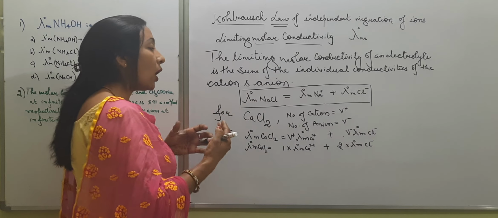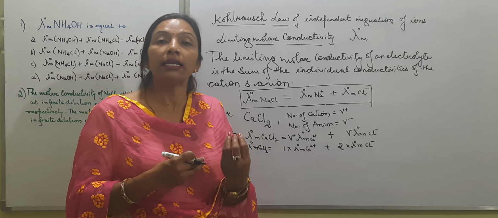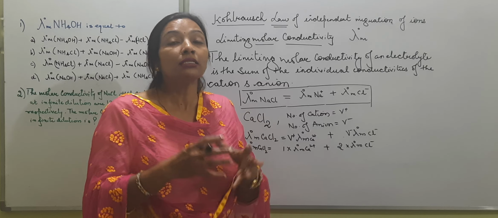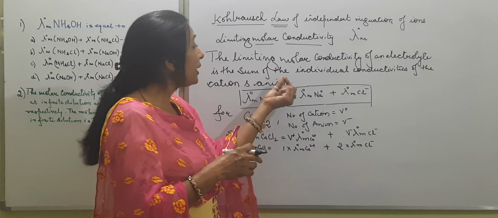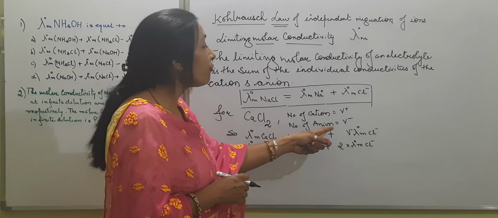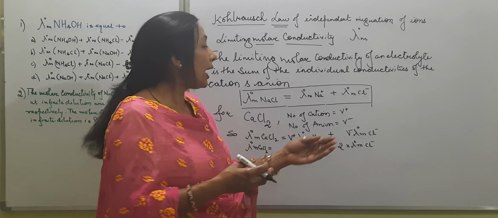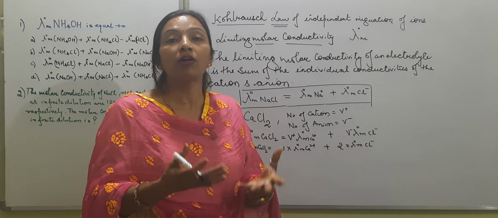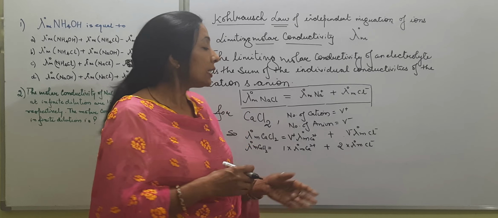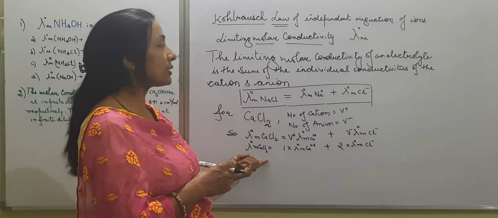So this is the way we calculate the limiting molar conductivity of an electrolyte, that is the sum of the individual conductivities of anion and cation, with V plus the total number of cations and V minus the total number of anions after the dissociation, and then we calculate the molar conductivity like this.